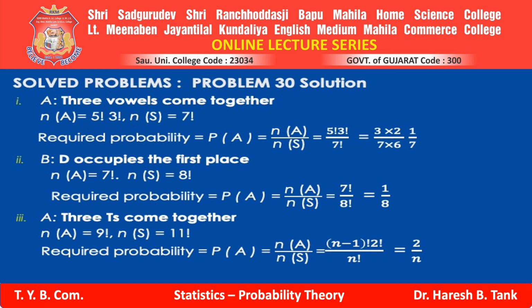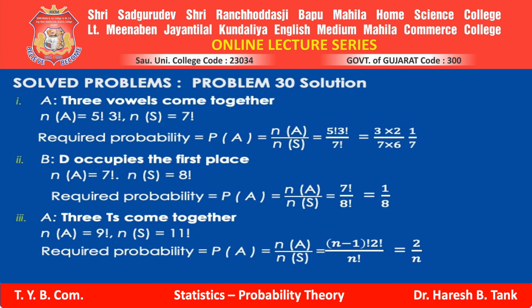Second one, that is falsely written as B. Again, it is A only. We have taken it as A. That event A is D occupies the first place. So the first place is fixed by D. Now, how many characters are left? There are 7.